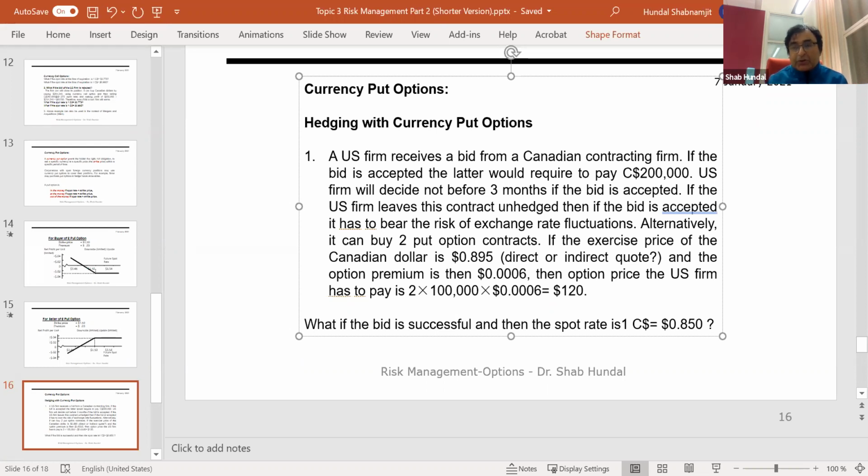And when you buy the put option, you pay the premium, or the price of the put option. The price is 0.006 American dollars for every one Canadian dollar.